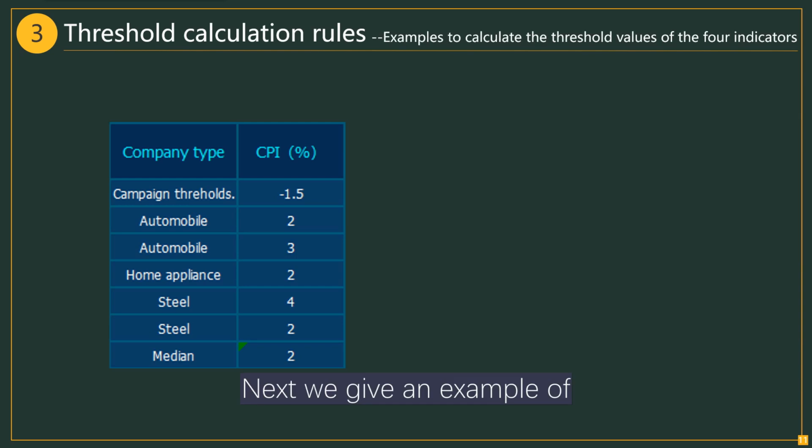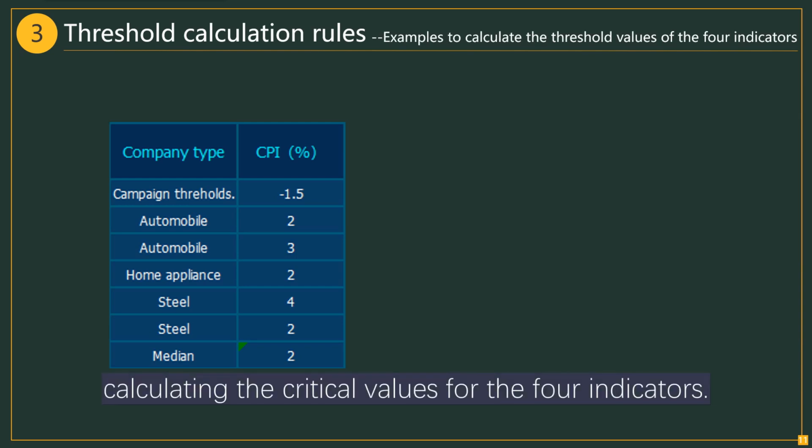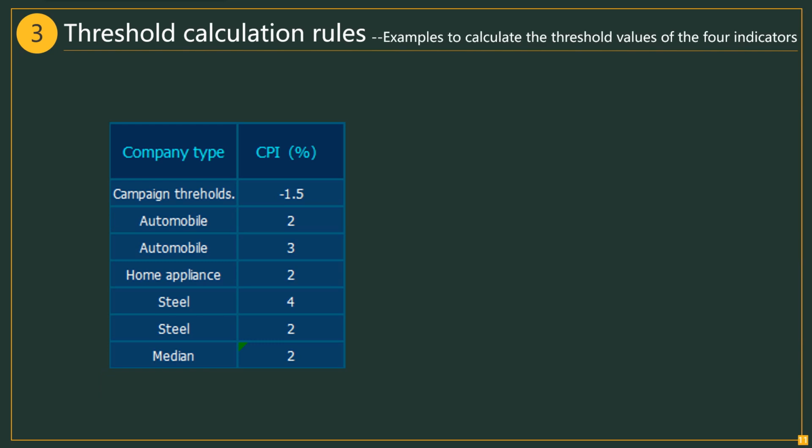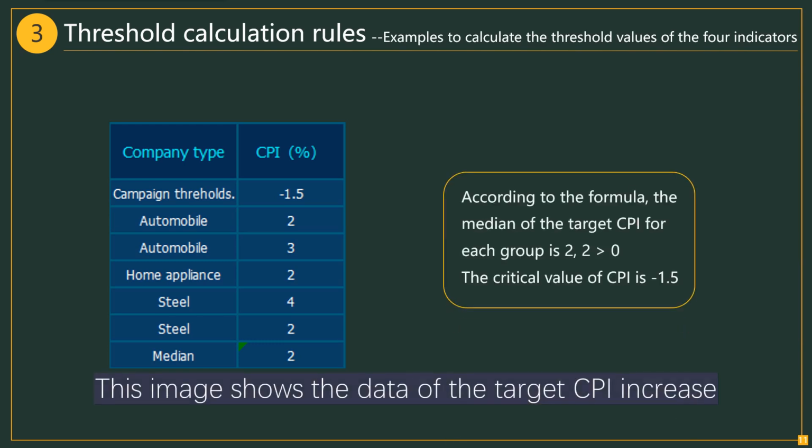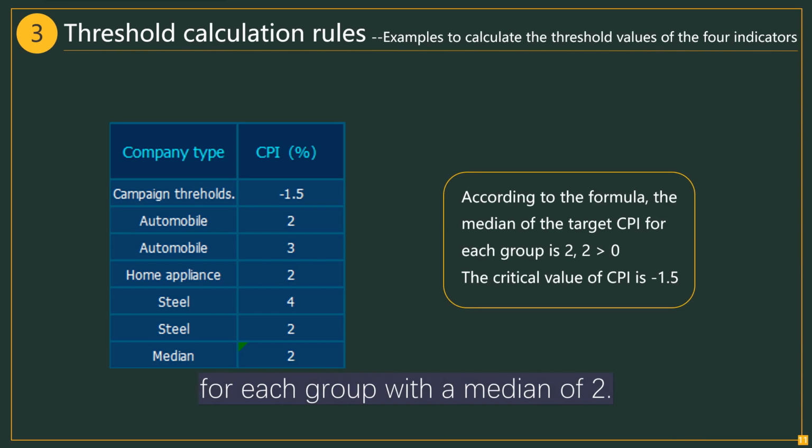Growth rate of total personal income: 1.3 times the median of each data set. Next we give an example of calculating the critical values for the 4 indicators. This image shows the data of the target CPI increase for each group with a median of 2. According to the rule, 2 is more than 0, so the critical value of CPI is minus 1.5.